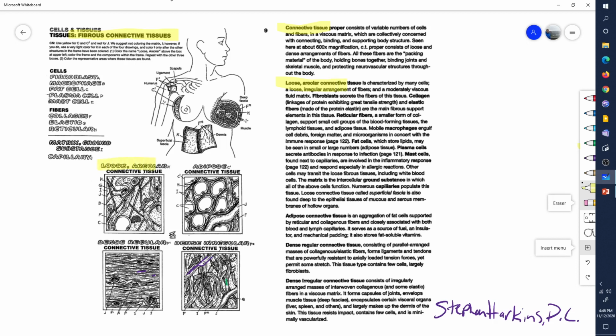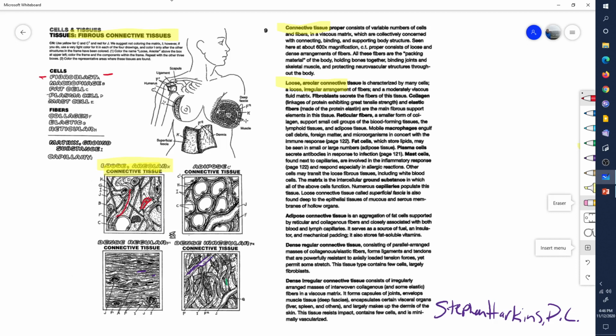Right here. And as the name connotes, you notice compared to some of these other connective tissues, it is a looser sort of matrix. It's got lots of goodies in here too, starting with this little cell. Here's the nucleus of a funny looking cell called a fibroblast. And as its name connotes, it blasts out fibers.